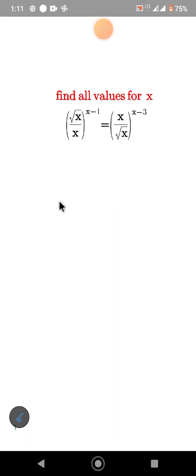In today's video, I'll be solving this interesting algebraic equation. Now, the first thing I'll do in this equation is transform this x to become root x times root x. So let's start.